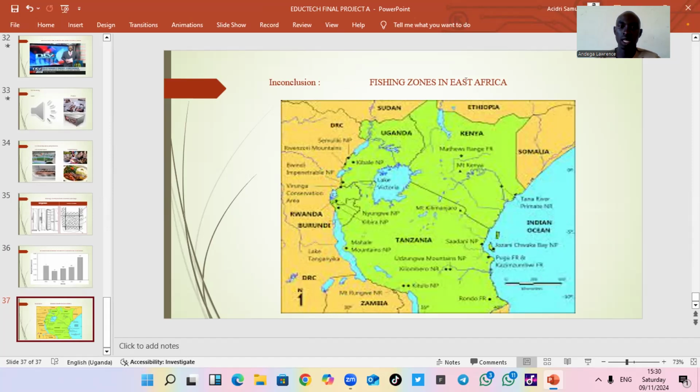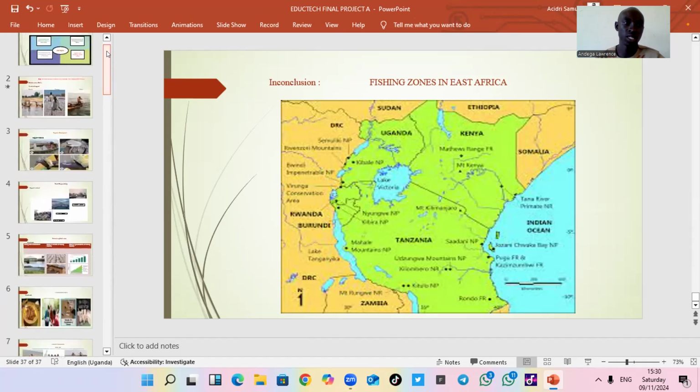So those are my conclusions. Fishing still remains an important nutrient for people's survival and for health. And therefore, we have to sustainably make use of fisheries resources in East Africa.